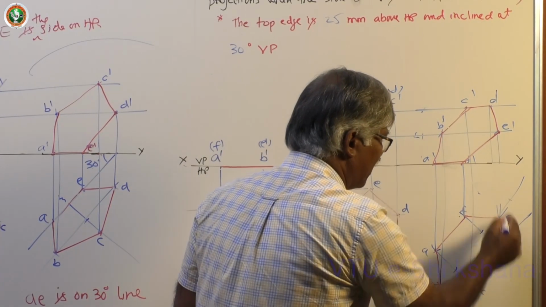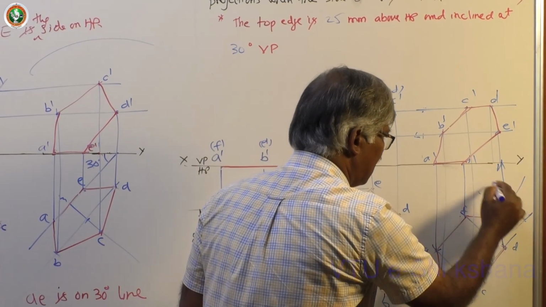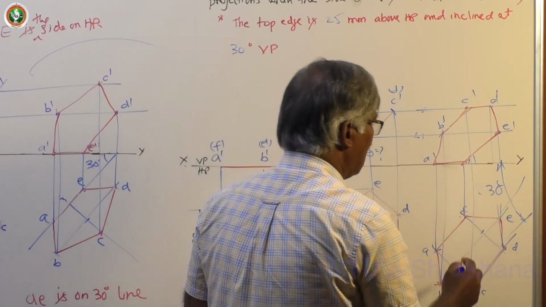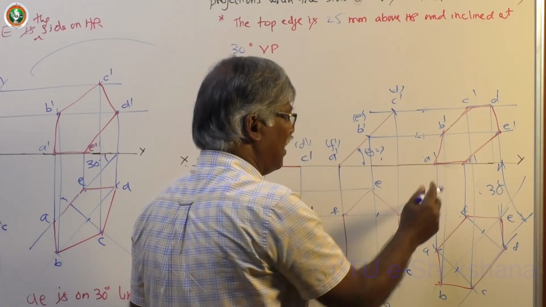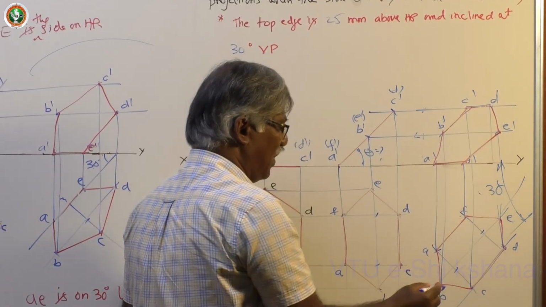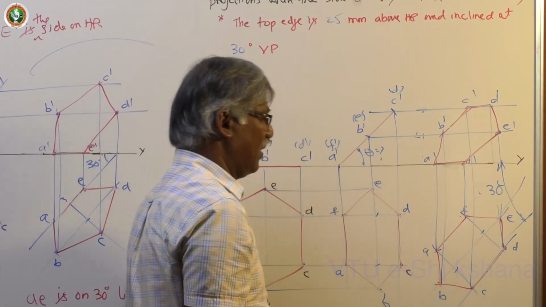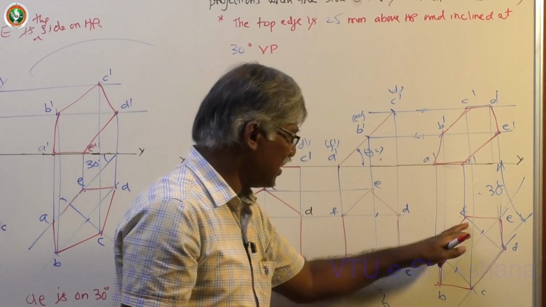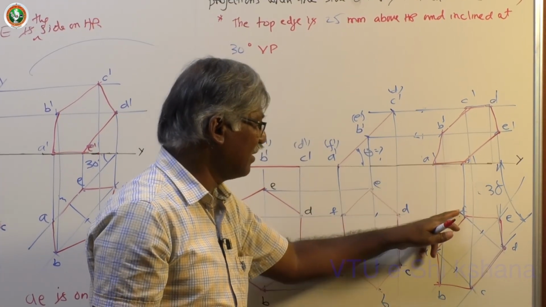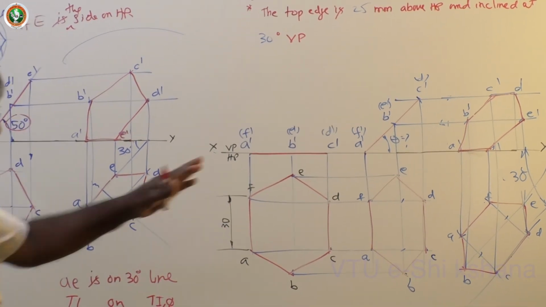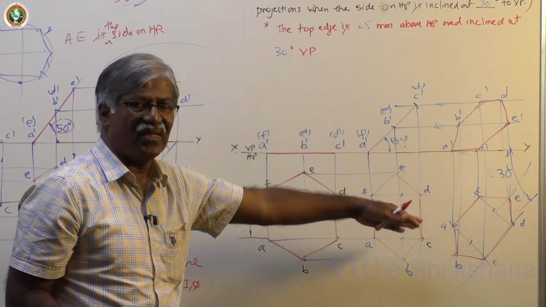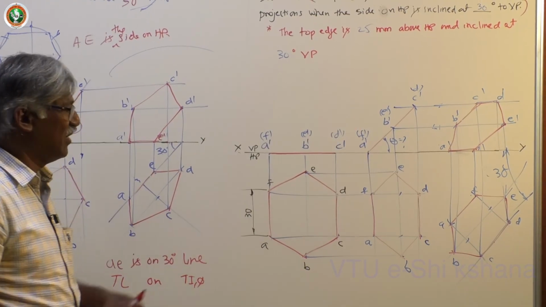Now let me dimension it to CD. This is 30 degrees. So CD is the top edge. You can see the topmost edge is parallel to HP and inclined to VP. Or the side, also the same thing. It is on HP and inclined at 30 degrees to VP. This is how we can solve the problem, whether they give the inclination or the top edge. This is how they change the problem.